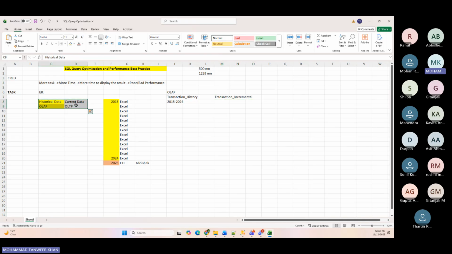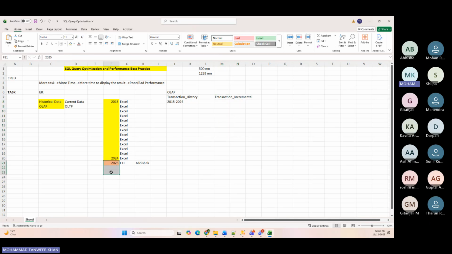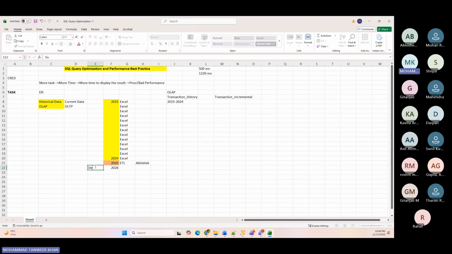Typically, in 99% of the cases, the historical data we will keep separate, and the daily transactional data we will keep separate. Now, sometimes what happens? Suppose we started in January 2025 and now we are at December 2026.